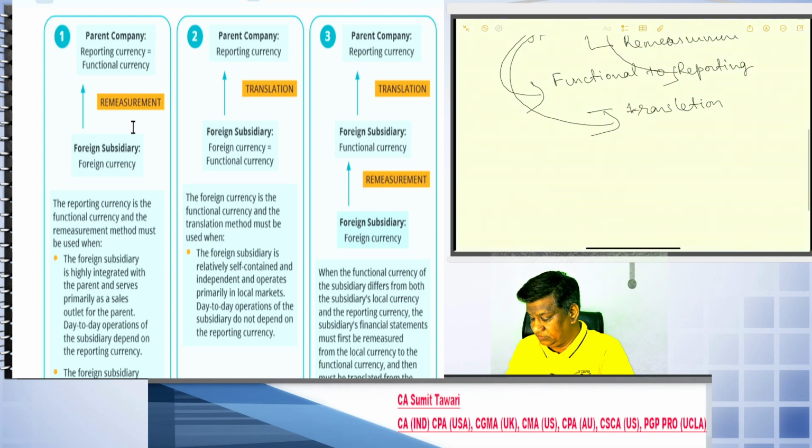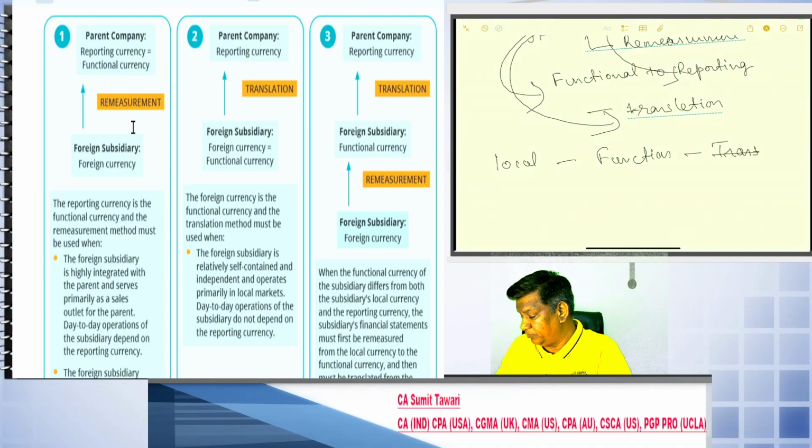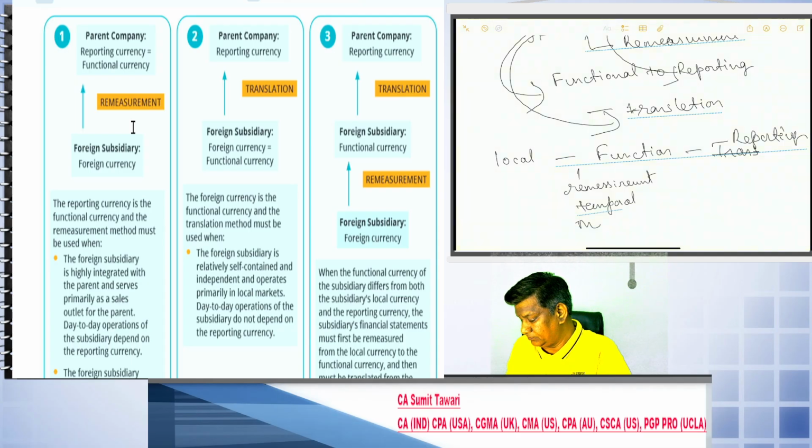So local to functional is remeasurement, or the temporal method. That also you need to keep in mind. And functional to reporting, here we need to do the translation.